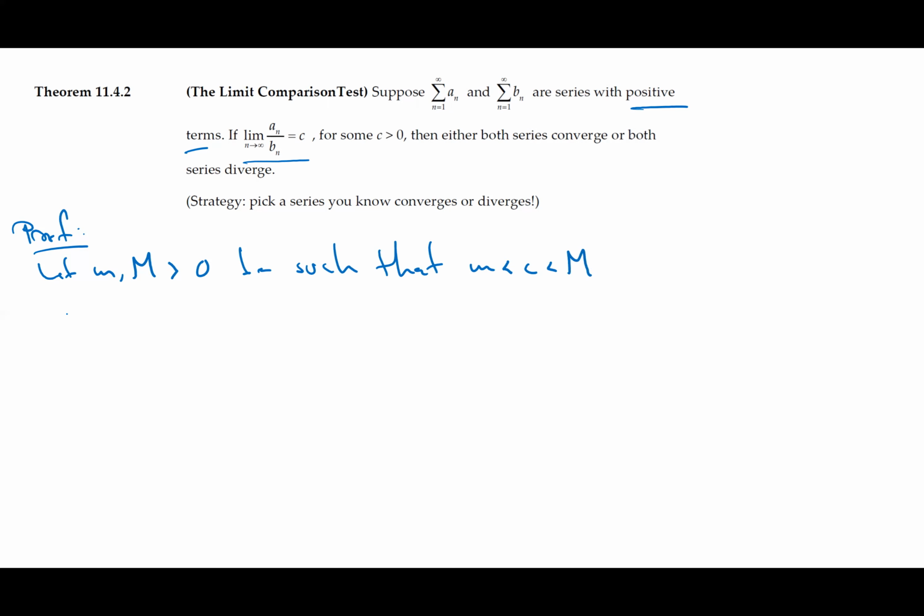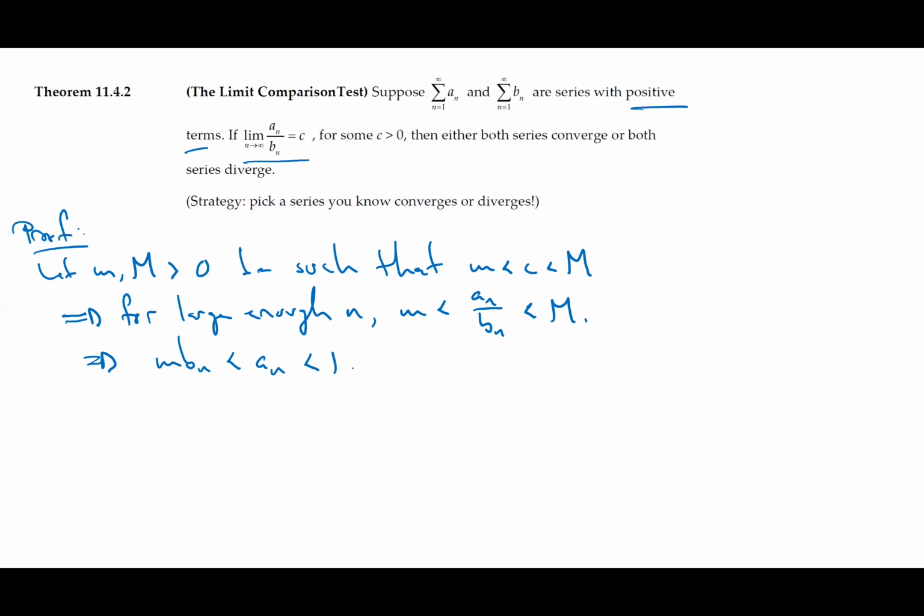And so what this means is, because the limit is equal to C, I can find large enough n's, meaning far enough down in the sequence, for large enough n, a_n over b_n is trapped between little m and capital M, okay? Which then bounds a_n below by little m b_n and above by capital M b_n, okay?